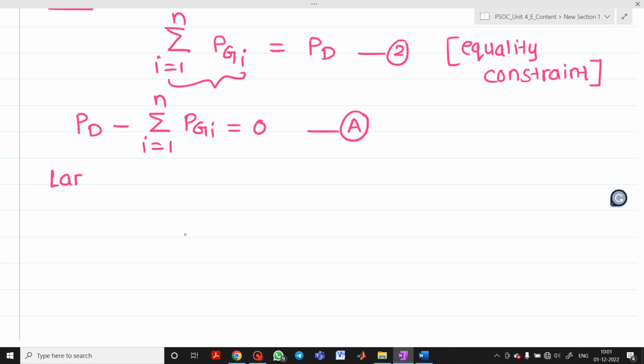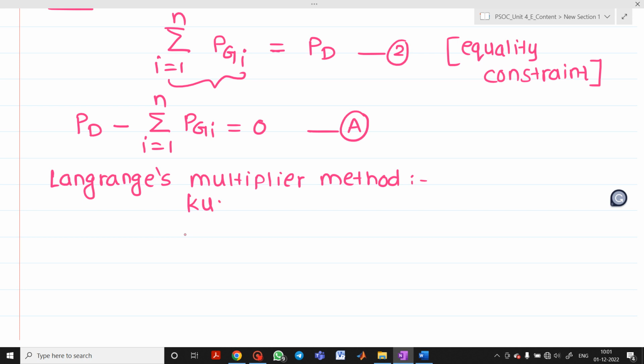So here we are going to discuss the Lagrange's multiplier method. This method was proposed by two scientists, Kuhn and Tucker. This is the paper which was published at a conference in 1953.